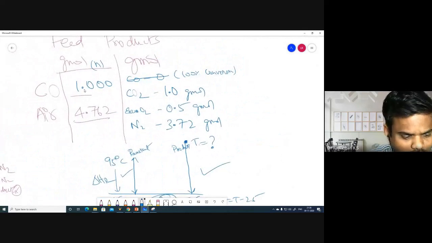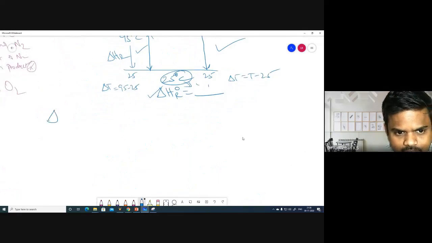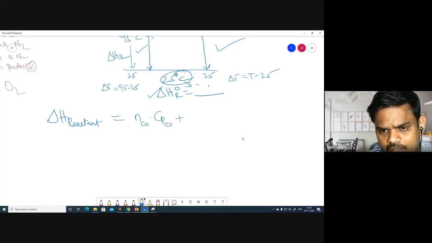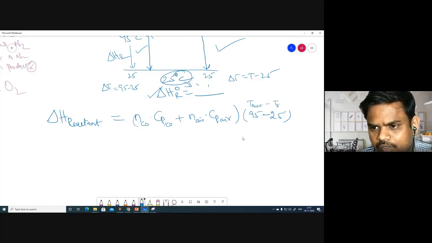Delta H of the reactant is 1 into Cp of CO plus 4.762 into Cp of air, multiplied by delta T. I am writing in detail because this is our first problem: number of moles of CO into Cp of CO plus number of moles of air into Cp of air, into delta T, that is 95 minus 25 degrees Celsius, temperature of the reactant minus the reference temperature.